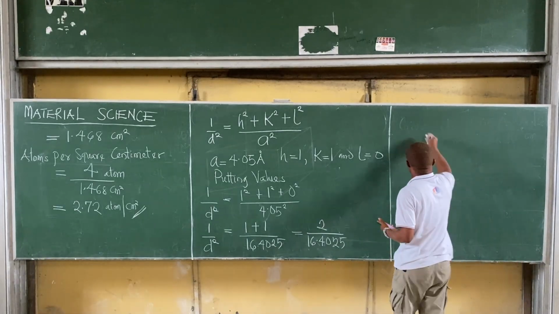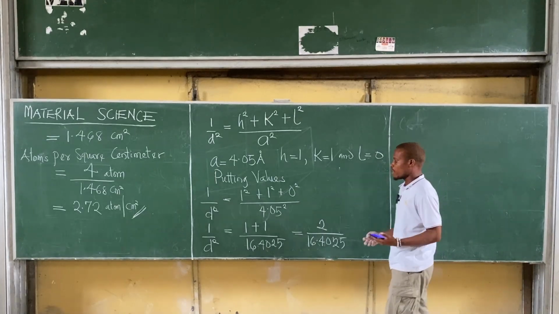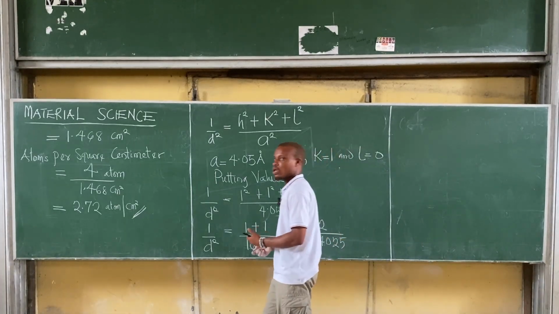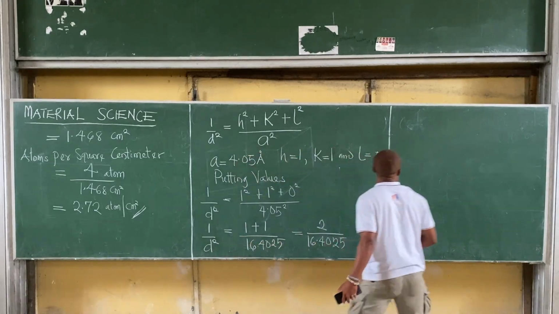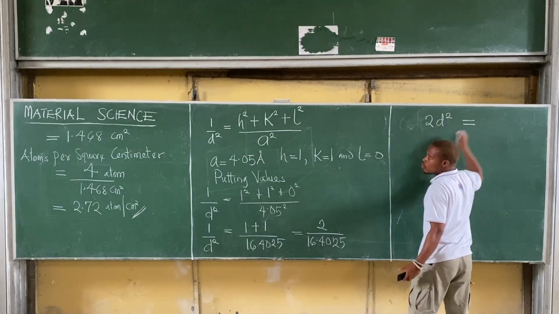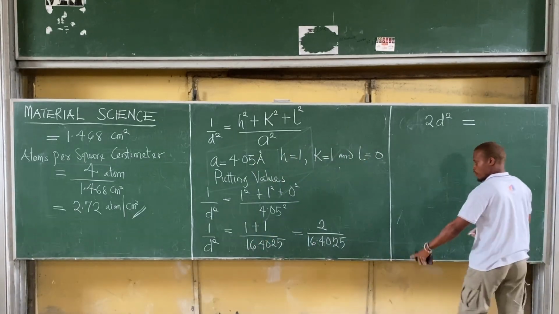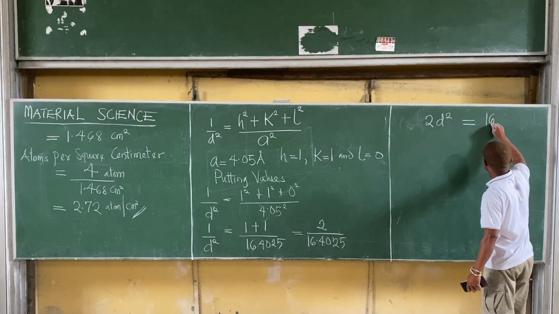So what would that give us? 1 over d squared, right? So let's cross multiply, making d our subject of formula. What do I have? d squared times 2 is equal to 1 times 16.4025.